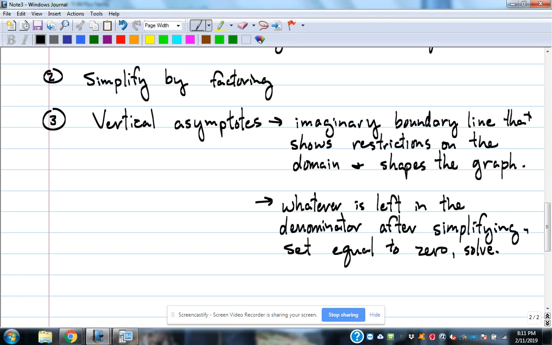Because when you simplify, your vertical asymptotes come from whatever is left over. See that as we do some examples. Now, if it's a rational function, vertical asymptotes are going to be there.